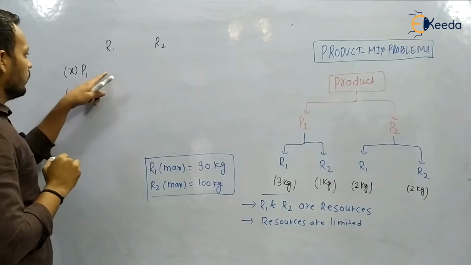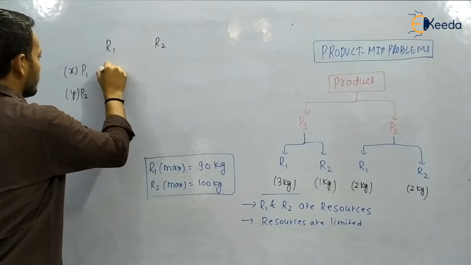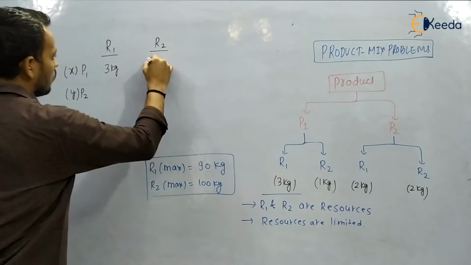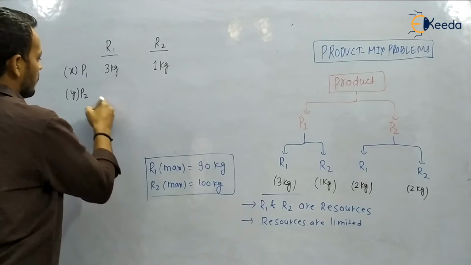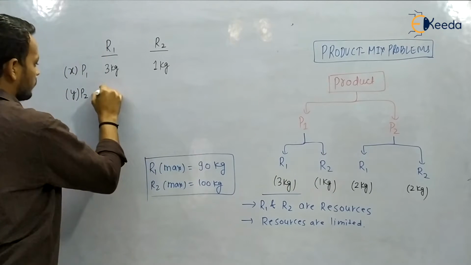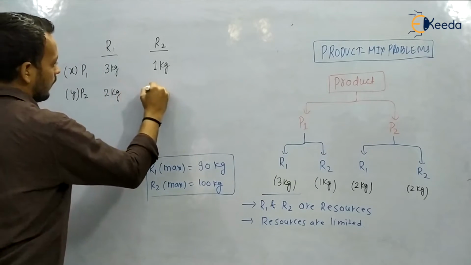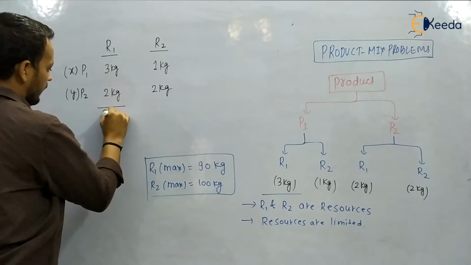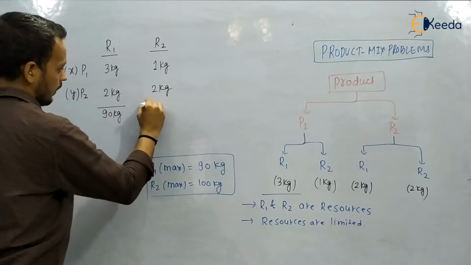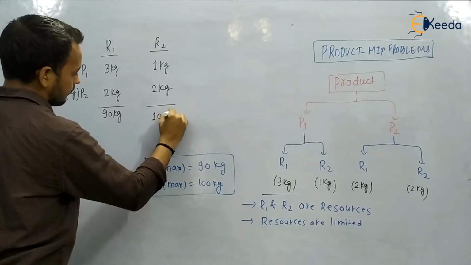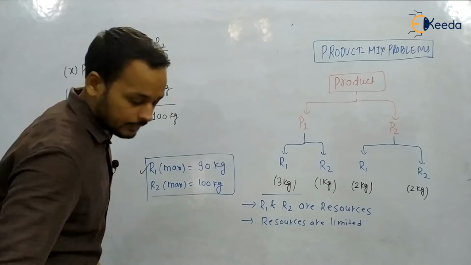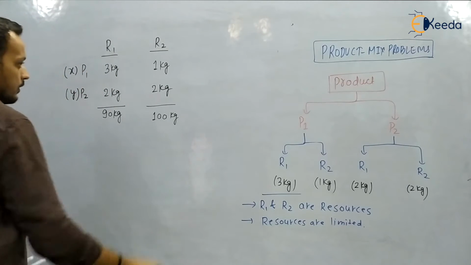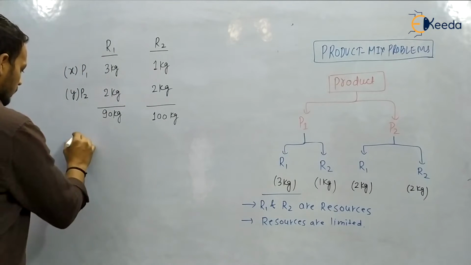One unit of P1 requires 3 kg of R1 and 1 kg of R2. One unit of P2 requires 2 kg of R1 and 2 kg of R2. The total R1 is 90 kg and total R2 is 100 kg. So we can form the constraints.